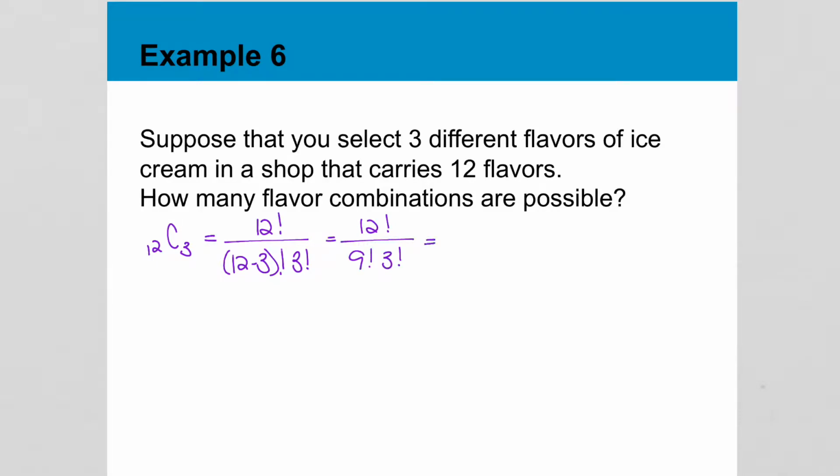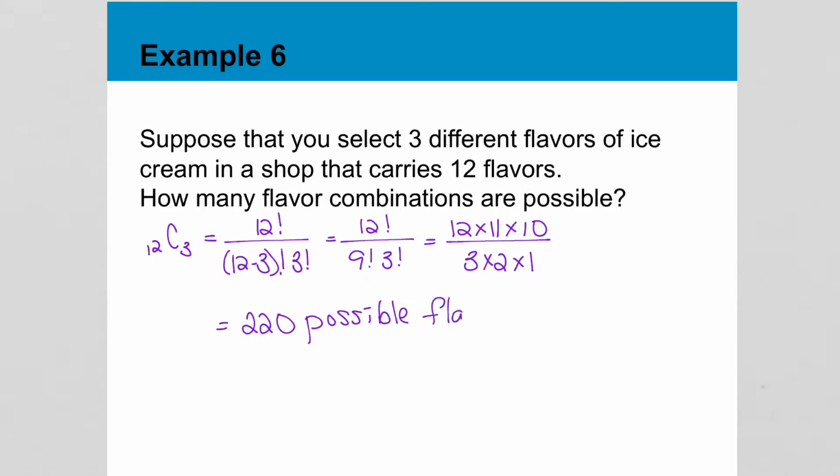I know the 9 factorials are going to cancel, so I've got 12 times 11 times 10 on the top, and on the bottom we have 3 times 2 times 1. 220 possible flavor combinations.